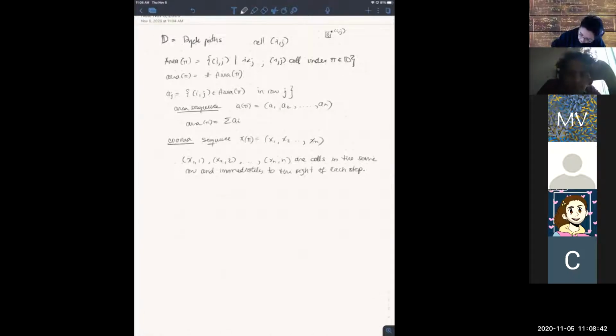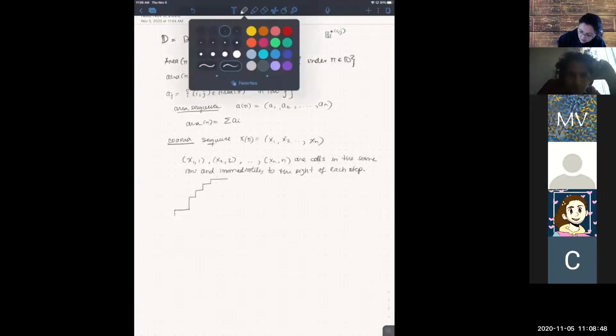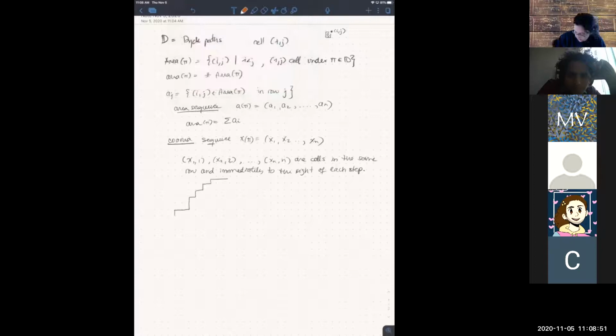So if we have some sort of Dyck path, let's say something like this, anyway, whatever, make it square. You know what the area is because we've seen this before, but the co-area is, for every north step, a cell that lives in here. So this would be x1,1. Here we take another north step, so this would be x2,2. This would be x3,3, and so on.